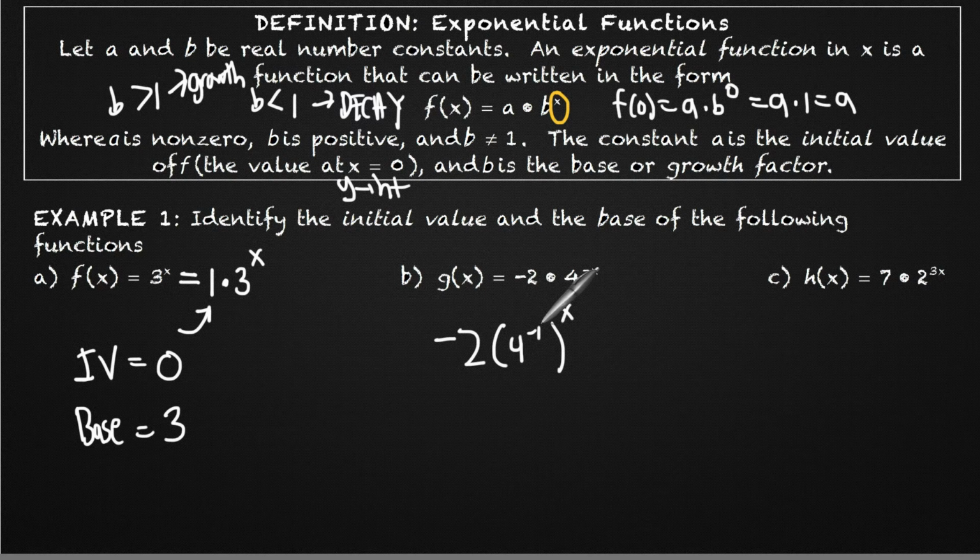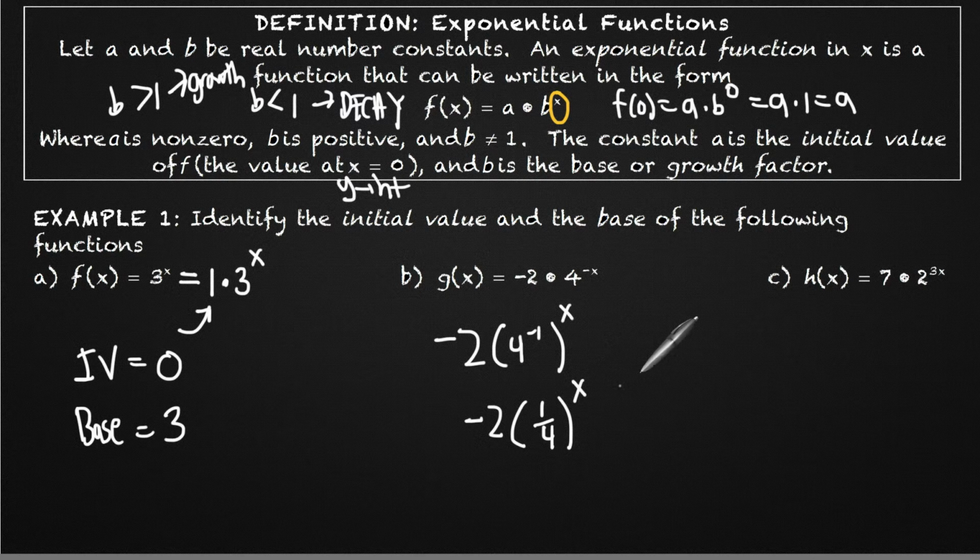Anytime you have an exponent raised to another exponent, the rule is that you multiply those exponents. So I still end up with 4 to the negative x if I have 4 to the negative 1 to the x. Now, if we have a negative exponent, what that means is we need to write it as 1/4. A negative exponent means simply to move the number to the denominator.